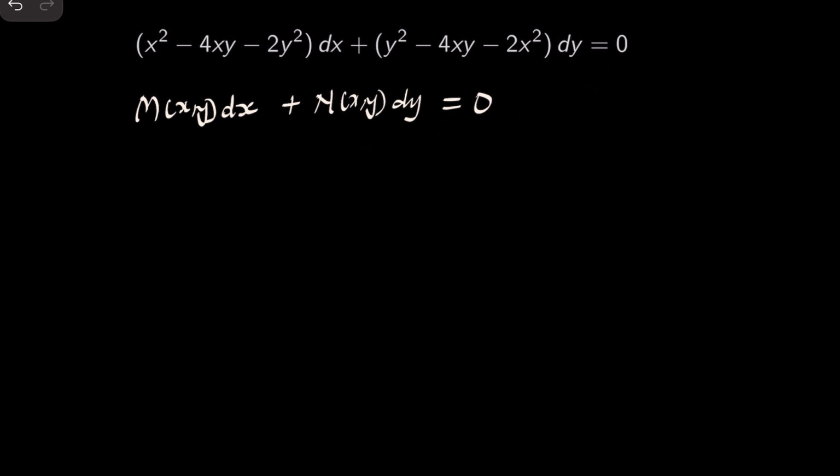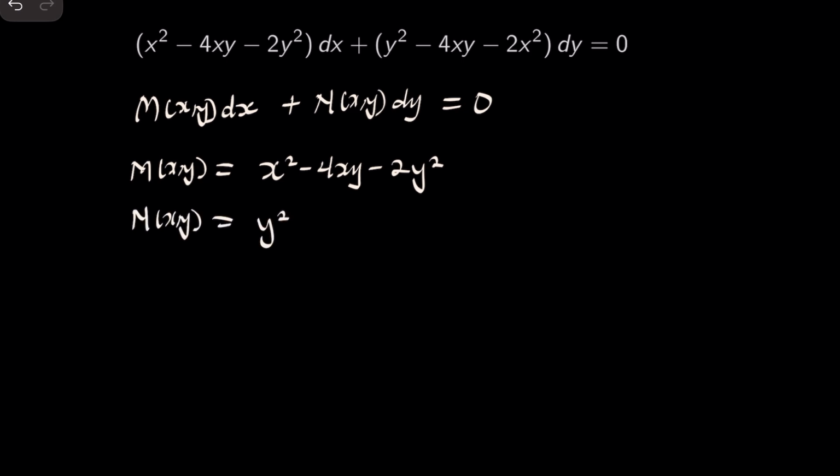And so comparing these two equations, we have M of x y to be equal to x squared minus 4xy minus 2y squared, and N of x y to be equal to y squared minus 4xy minus 2x squared.